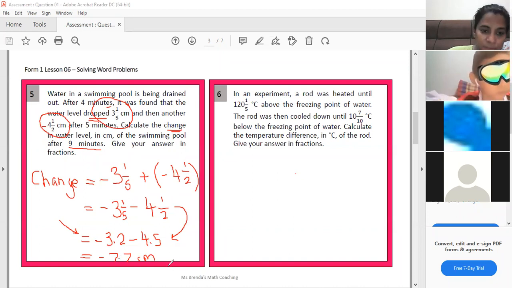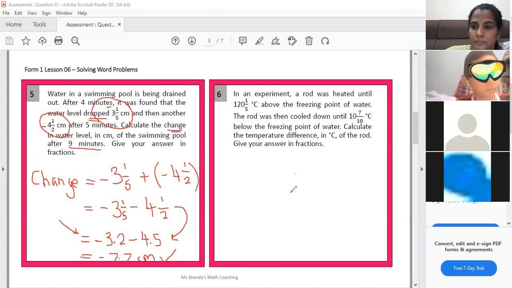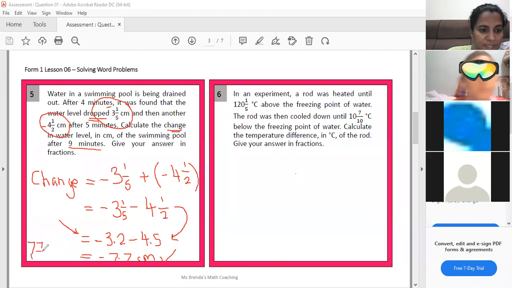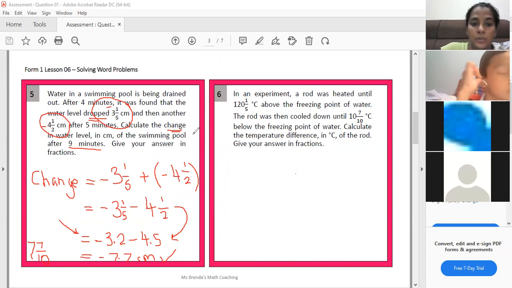Got it? All right, good. Gloria? Good, well done. How about Tristan? Okay, if you have it as a fraction, also not a problem. 7/10 would be the equivalent fraction for 7.7. All right, good. This is how your working should be done.